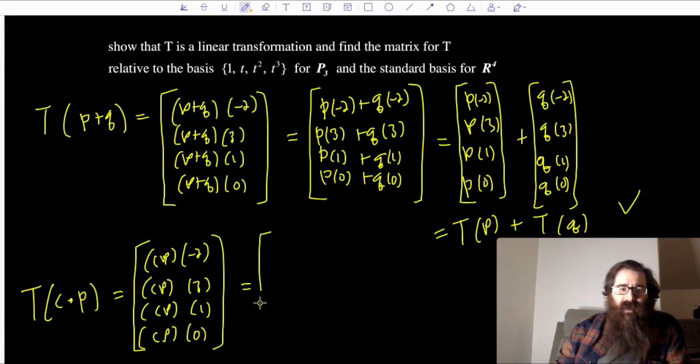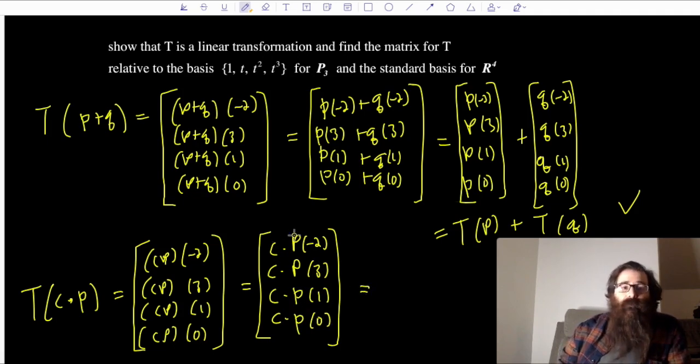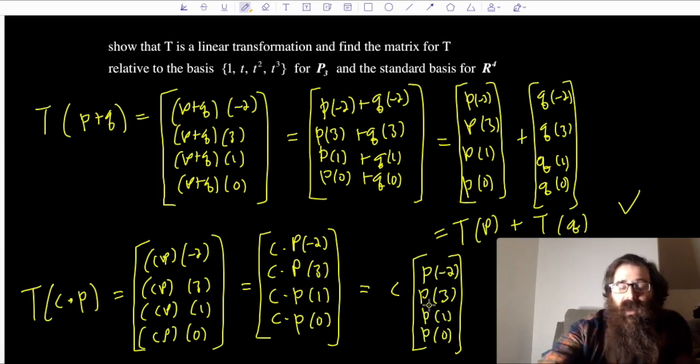And I can think of this as c times polynomial p evaluated at -2, c times p evaluated at 3, c times polynomial p evaluated at 1, c times polynomial p evaluated at 0. And now I can bring this scalar c outside of the vector and say, well, this is just c times the vector with p evaluated at -2, p evaluated at 3, p evaluated at 1, p evaluated at 0.